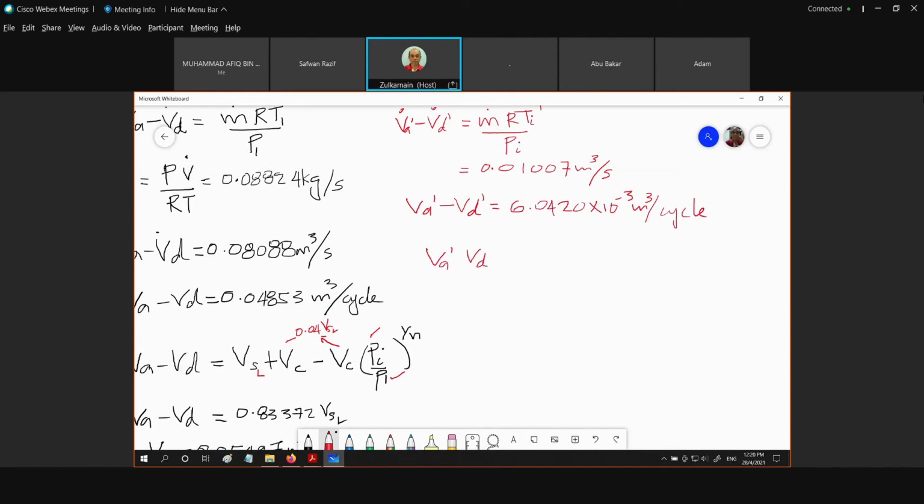Of course, what is VA prime from the PV diagram? This is our VSH plus the VC, minus, okay, if we have a different percentage of the VC, then we need to use the different percentage.